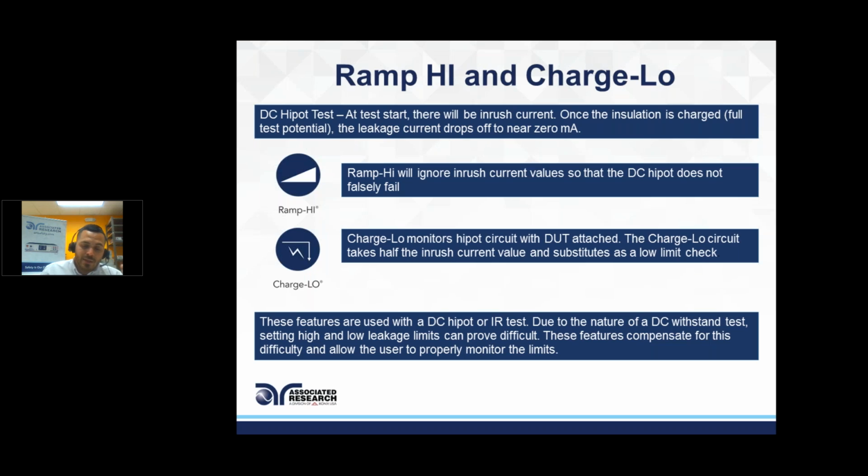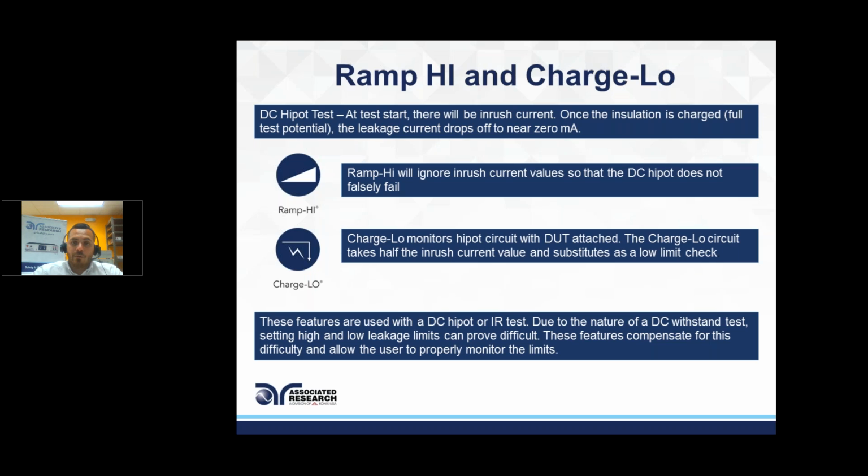Why? Because once you get past that reactive current and you're in your dwell time, your leakage is going to be very close to zero. So how can I create a low limit? How low do I need to go if I'm going to be so close to zero? That low limit almost becomes obsolete in a DC test.